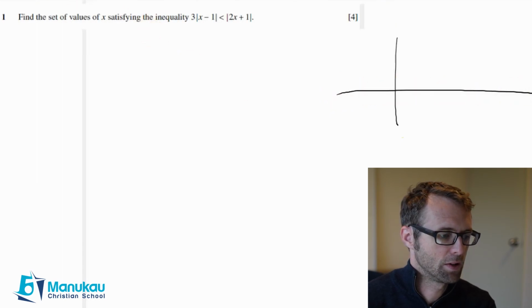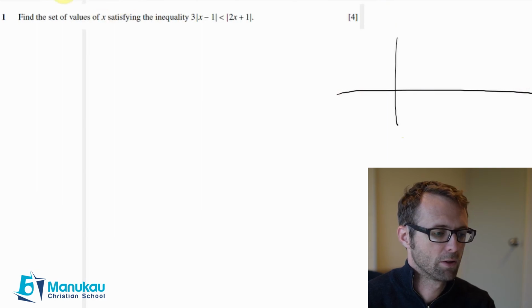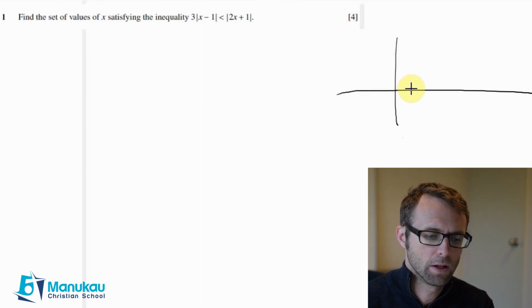And let's plot the 3 modulus x minus 1 first, and we'll do this in blue. We know that at 1, let's say this is 1, it's going to meet the x-axis. And here's 2, and here's 3. At 1, it's 0.